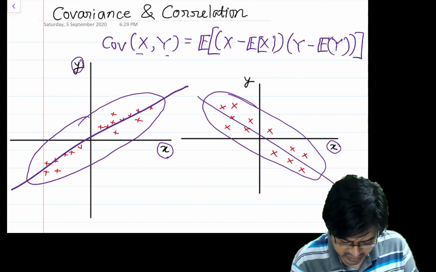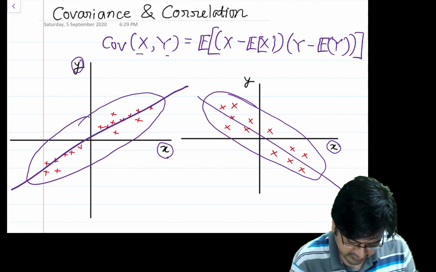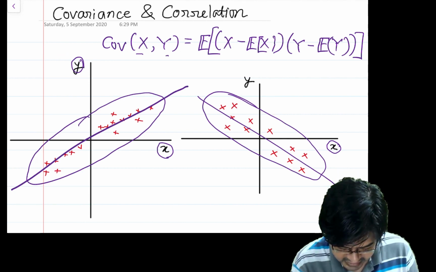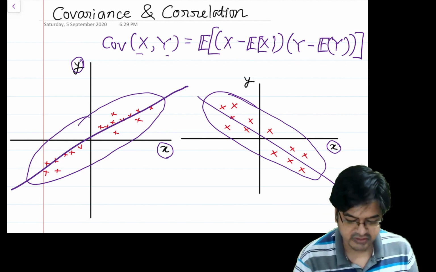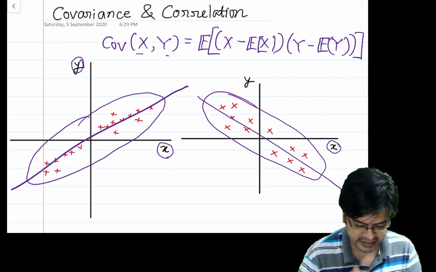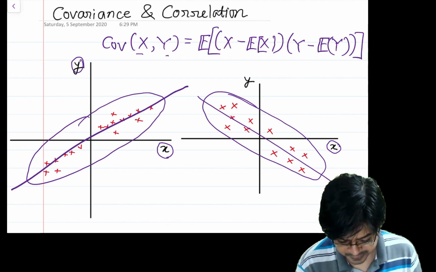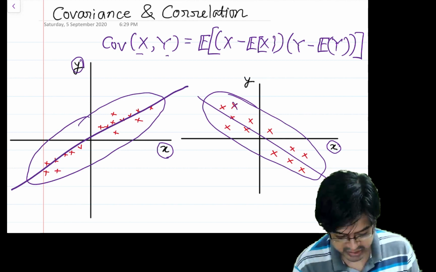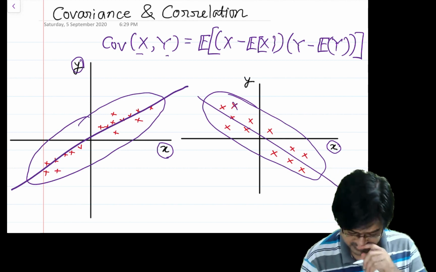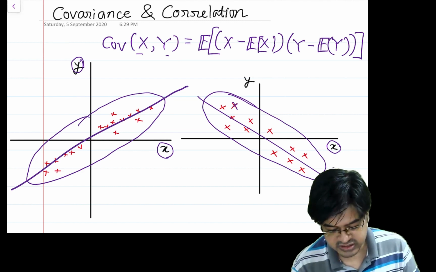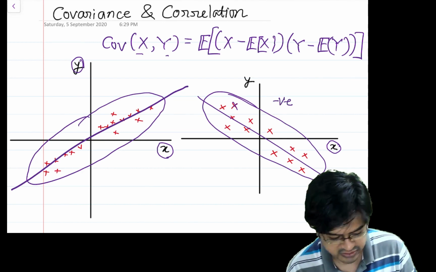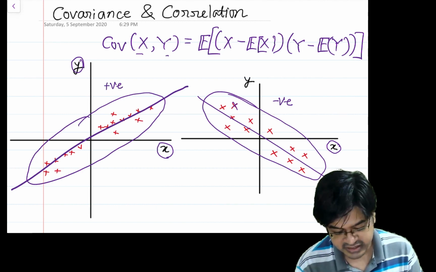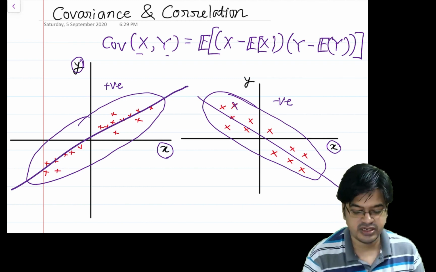As you are going from right to left on the X axis, Y is increasing, and right to left motion means a direction of decrease. So you have smaller values of X corresponding to larger values of Y. This is how this particular term has a negative association and this particular term has a positive association, and because it is related to a line, we say a degree of linear relationship.